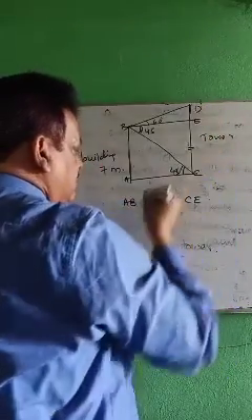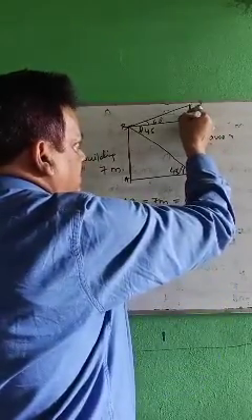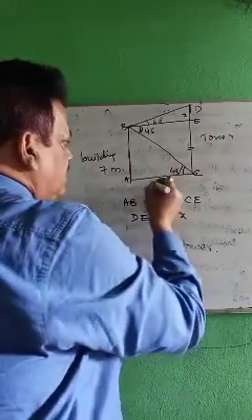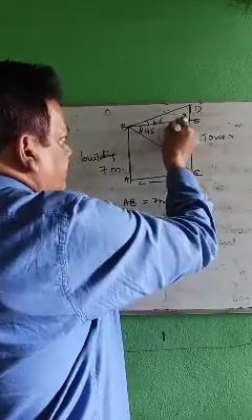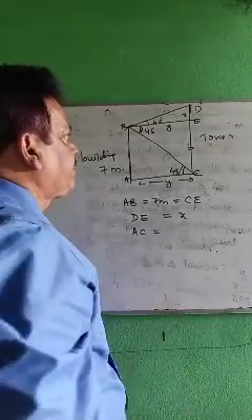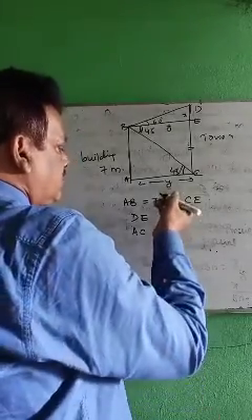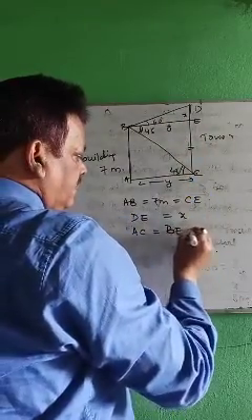Suppose this is X, D, E you have taken as X. Now this is suppose Y, then this is also Y. So AC equals to BE, that is Y.